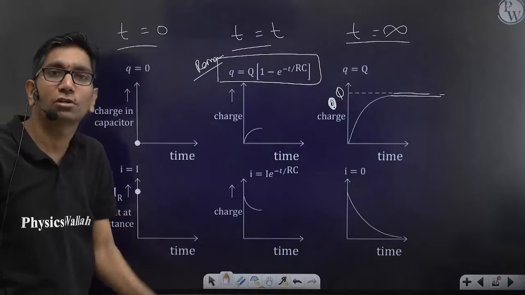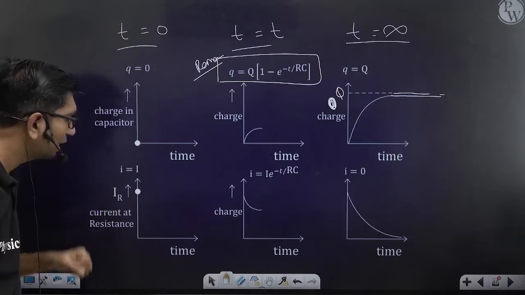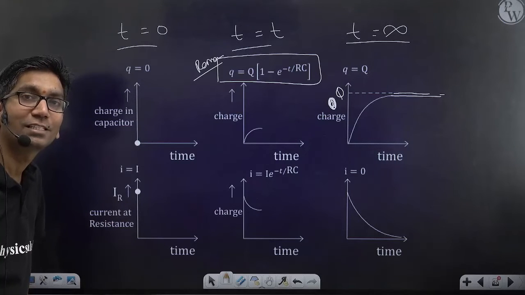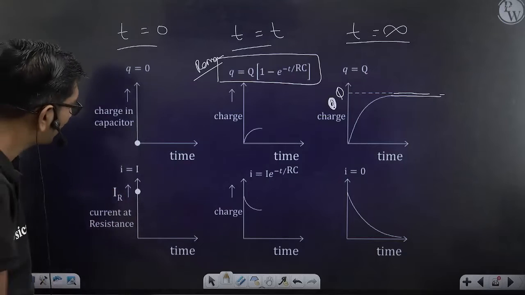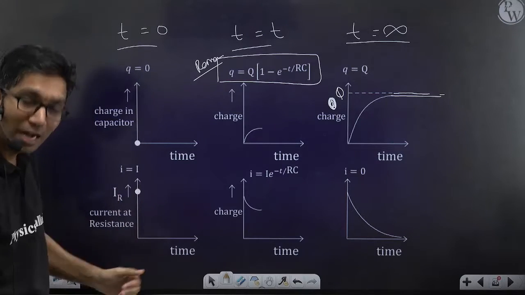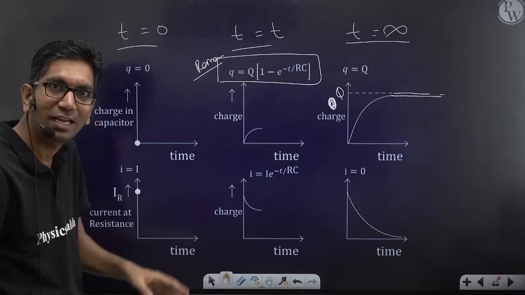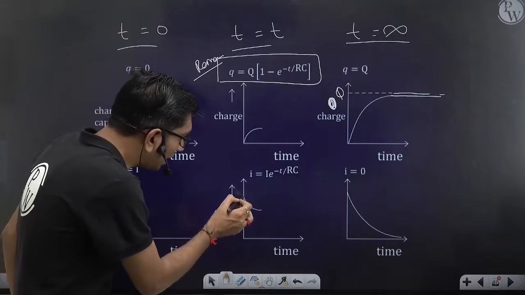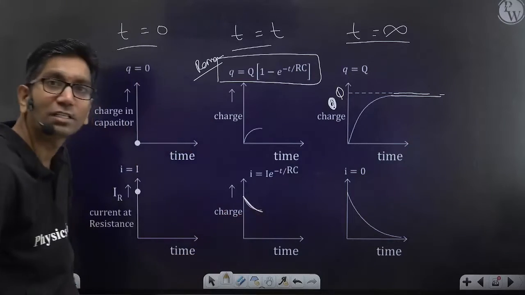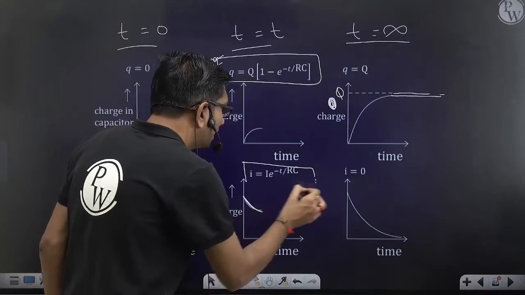At time t equal to 0, the current across the resistance is very high. After some time, slowly it is decreasing. Why? The charge is going across the capacitor now. How is it decreasing? Exponentially.